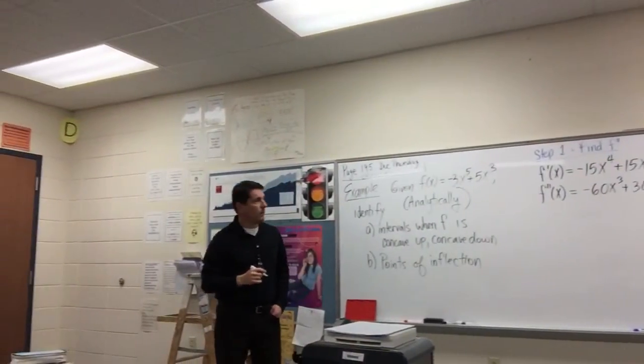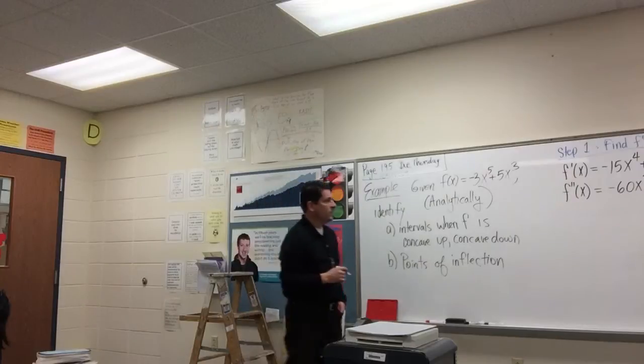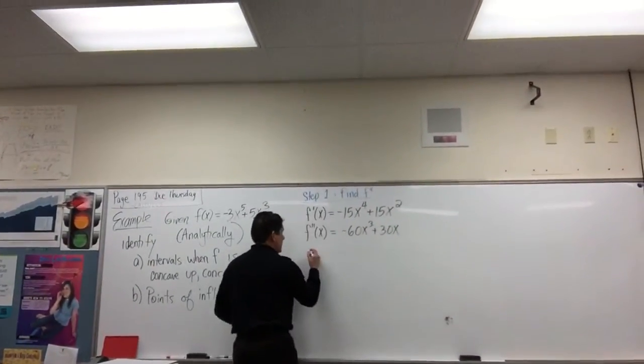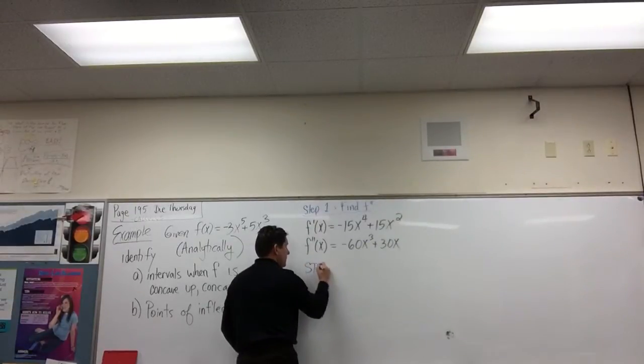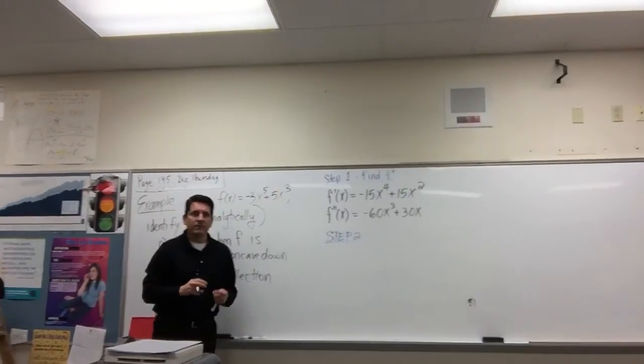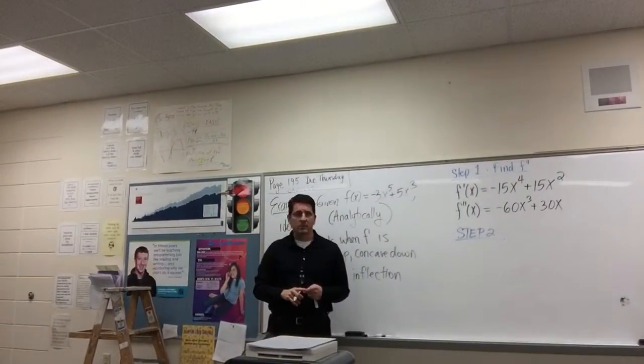And let's make sure we agree. So step 1, find the second derivative. What are we going to do next? Yeah. We need to find the places where it's actually equal to 0 or undefined.